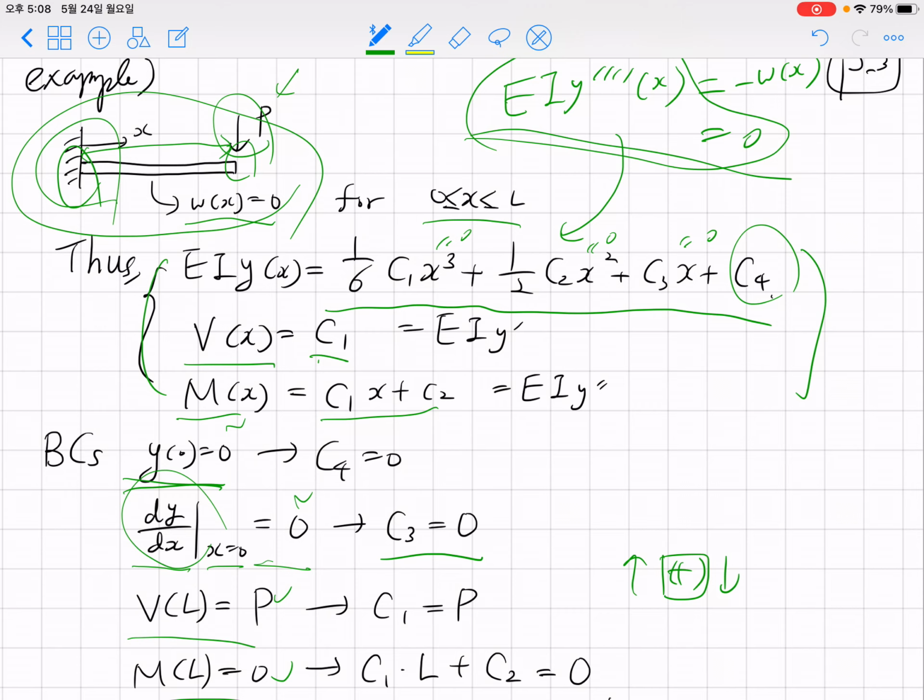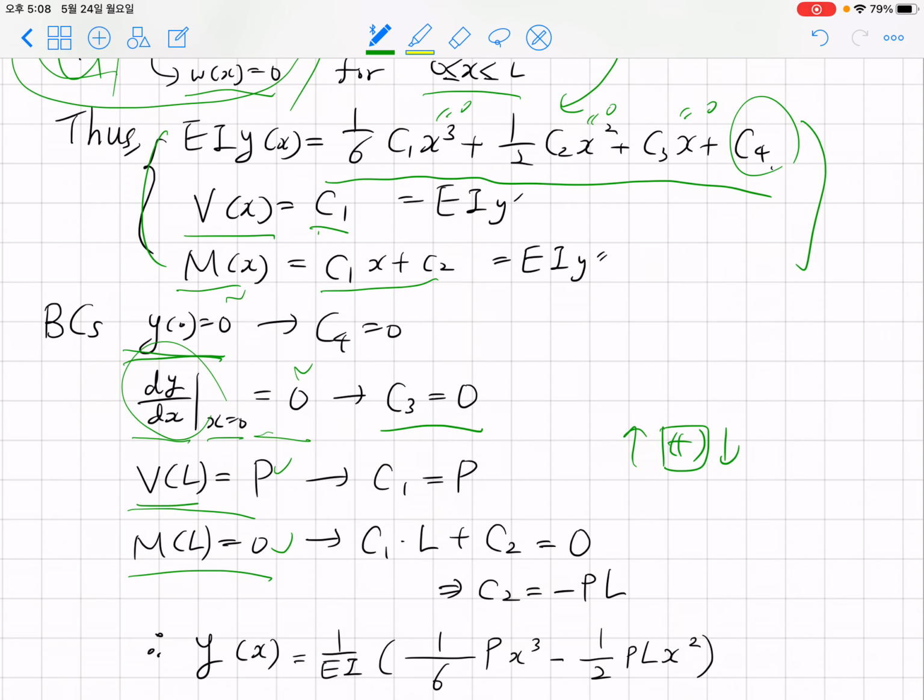So you found that C3 and C4 are 0, which makes your life much easier. Then you can utilize V at x equals L being P. If you plug in x equals L, it must be C1, and then it must be P. So you determine C1 equals P. After realizing that C1 is P, you only have one unknown, which is C2.